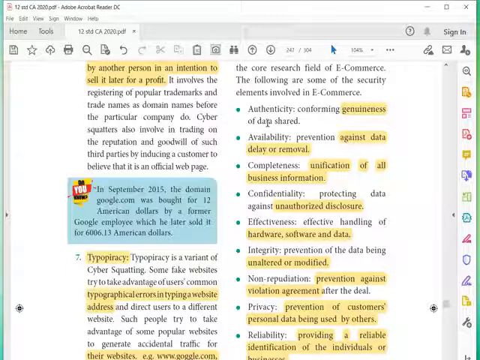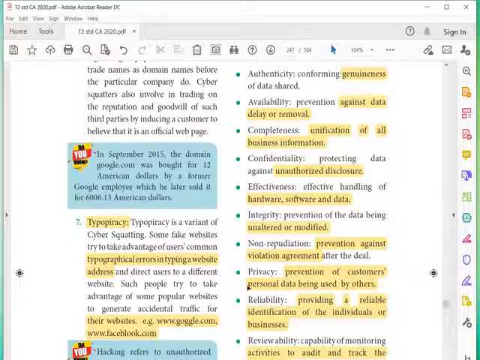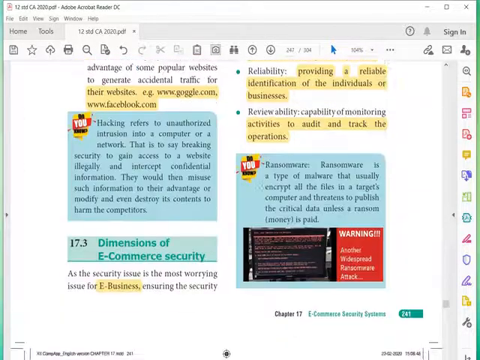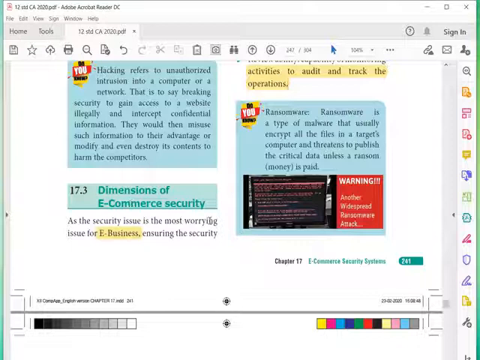So these are the dimensions on which basis the security should be given to e-commerce transactions. As it is a theory paper, it looks dry, but it is a scoring paper, so you can easily remember the things for the 5-mark question. This dimensions of e-commerce security is a 5-mark question.